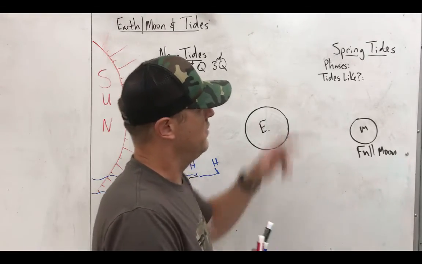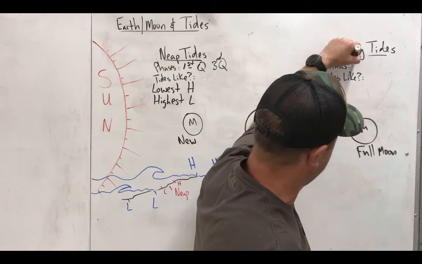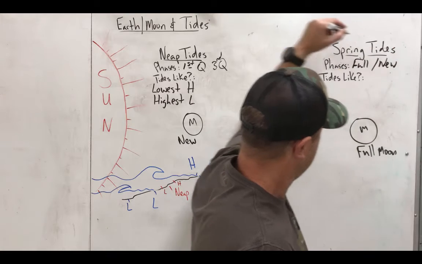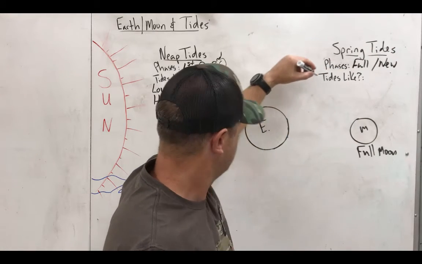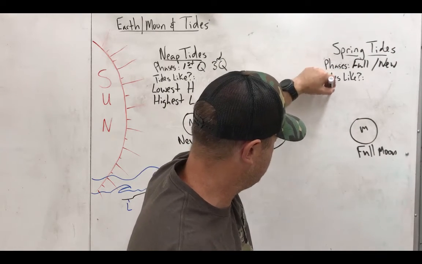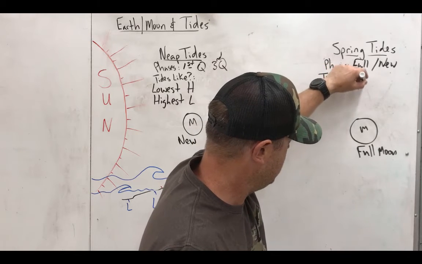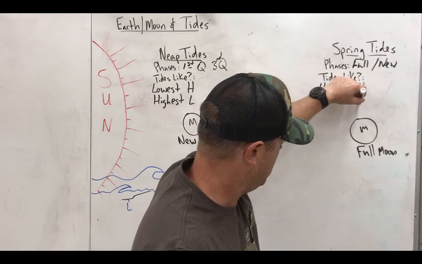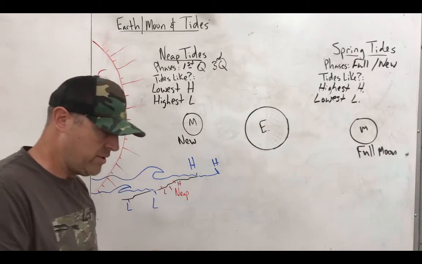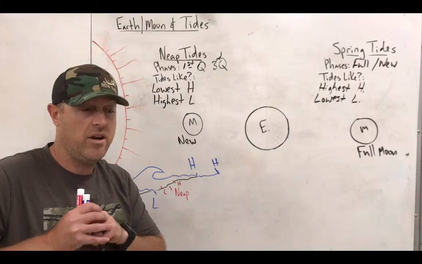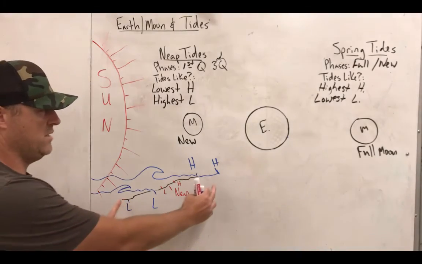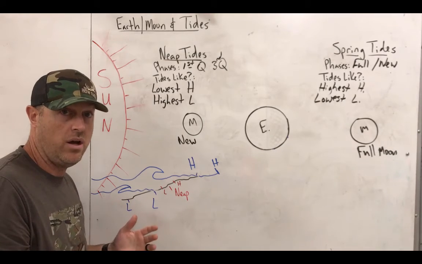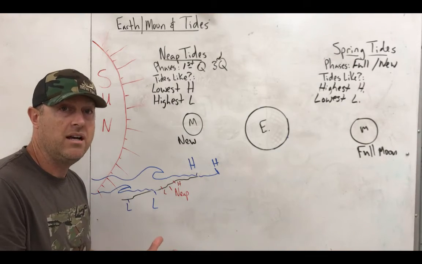Okay? So phases, this is going to be full or new moon. Okay, tides, what are these like? Okay, these have the highest high tides and the lowest low tides. So if we go back to our clamming scenario, I want as much of the shoreline available so that I can dig and get as many clams as I want, to make it worth my time.